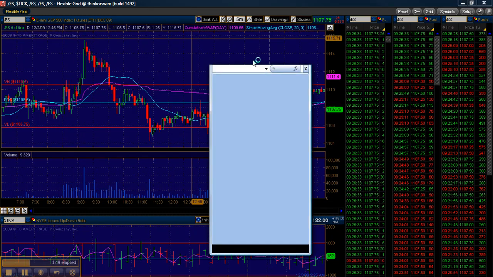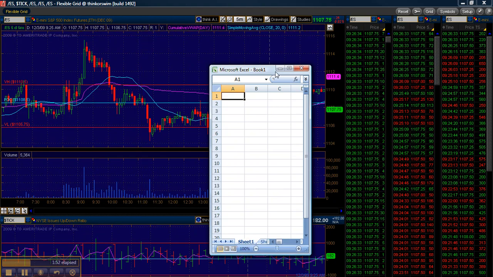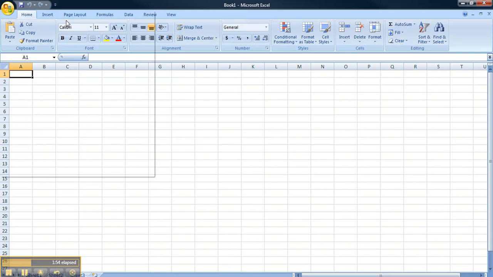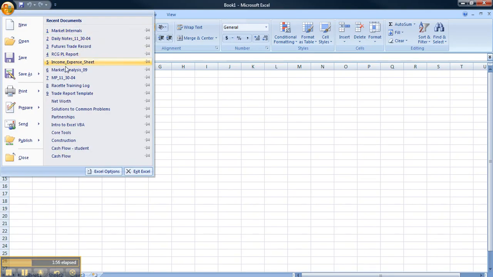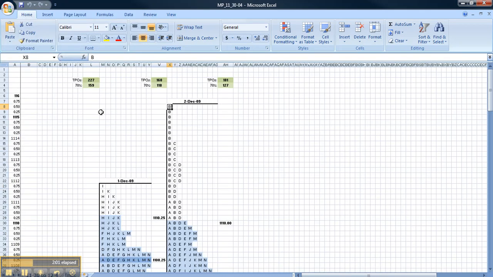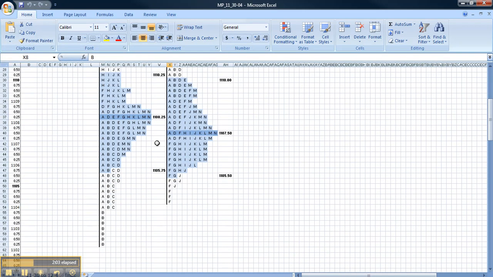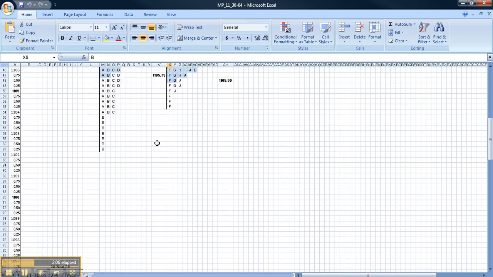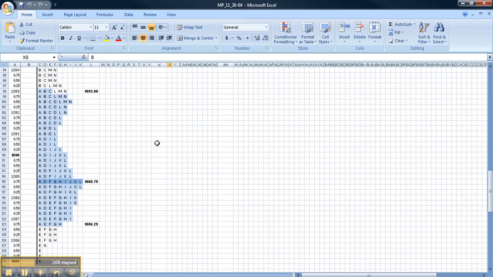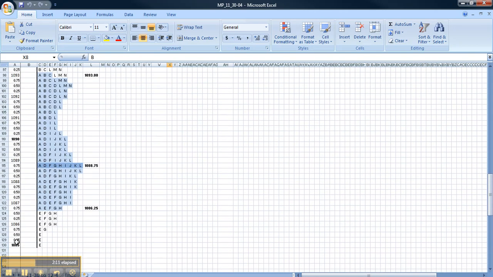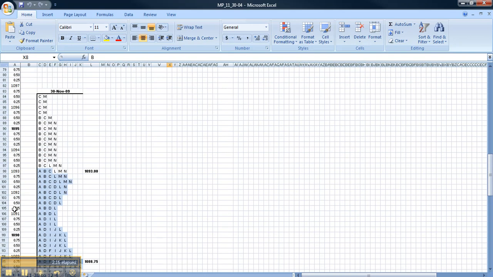I use Excel. There's a couple different ways to do it, but essentially what you're doing is taking time price opportunities, as they're called, TPOs, and we give each a letter. So for instance, on Monday we have 1085, or the low of the day, and then we mark all the way up to the high of the day, which was 1096.50.